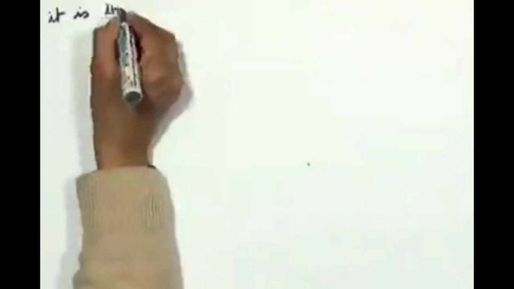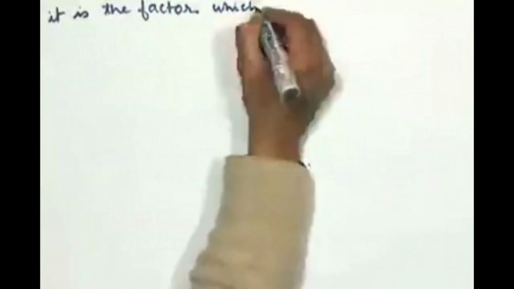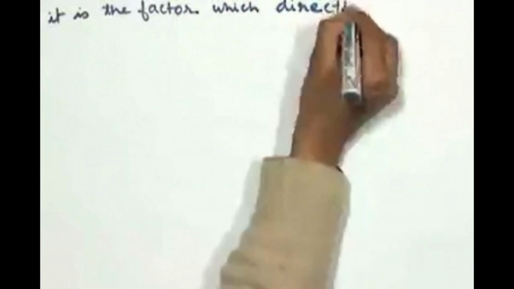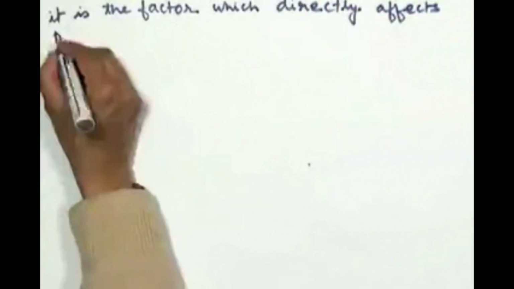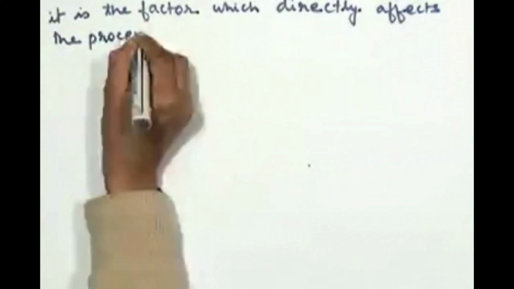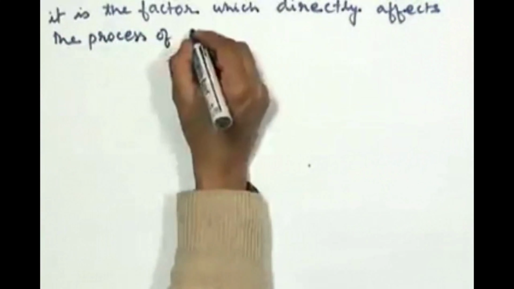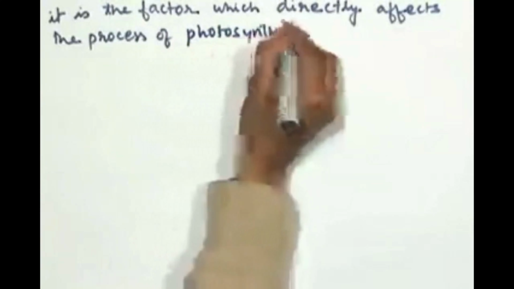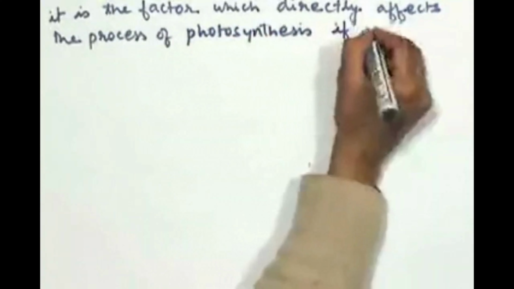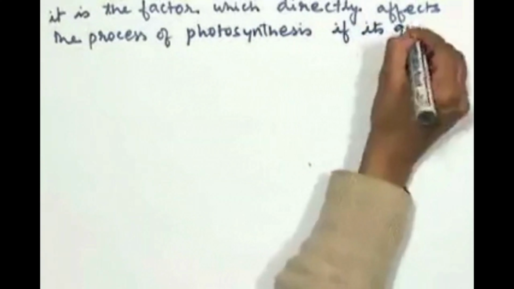It is the factor which directly affects the process of photosynthesis if its quantity is changed.